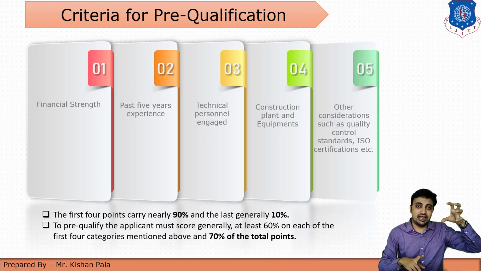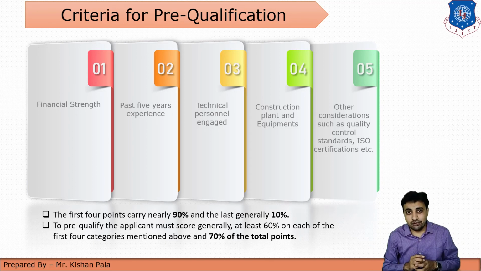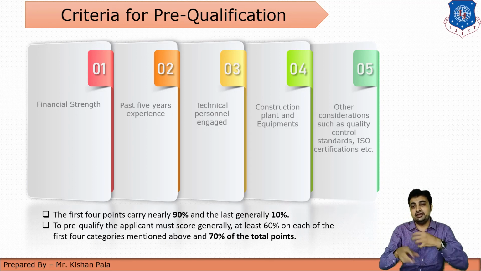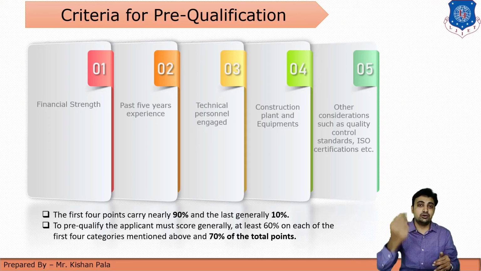So the client and owner analyze all the equipment held by the contractor. With that information, the client or owner may judge whether he is capable of doing that work or not. So this is one of the important points for a qualified contractor.